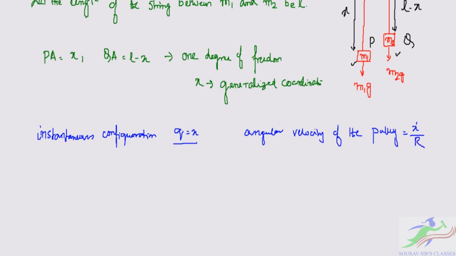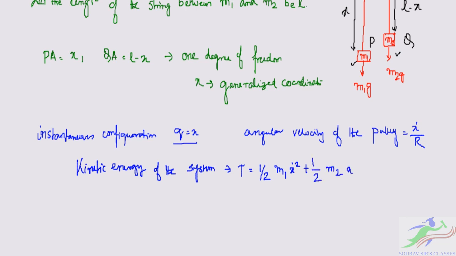Hence the kinetic energy of the system is given by T equal to half of m1 x dot square plus half of m2 x dot square, where x is the length of PA, plus half of I x dot square by r square.